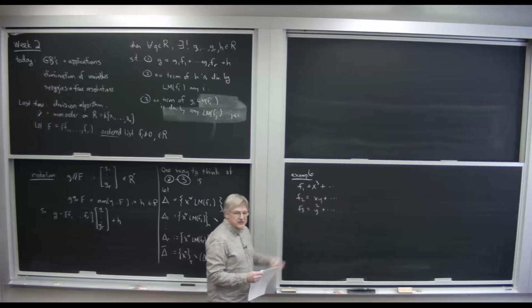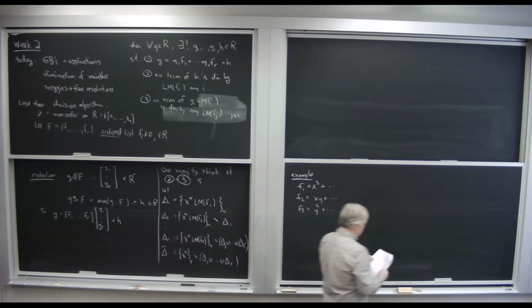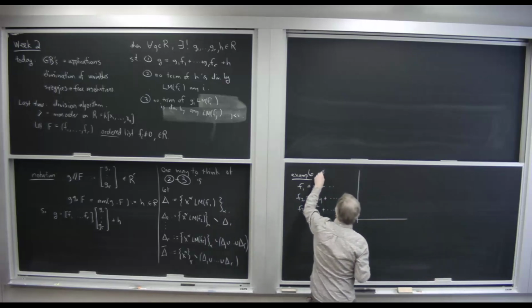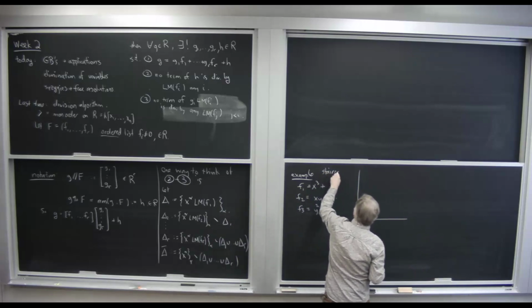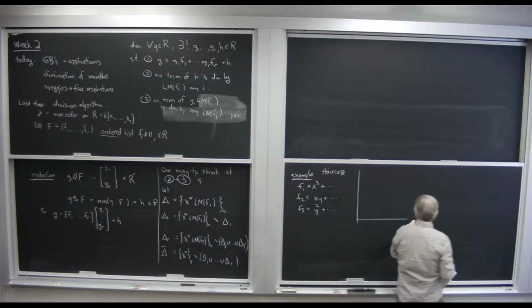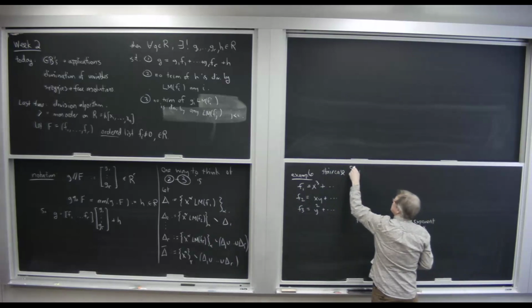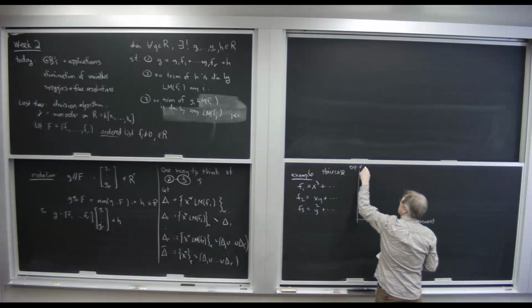And we want to do a division with respect to this. So what are all these deltas then? This is the staircase. So this is going to be the exponent of x, and this will be the exponent of y.